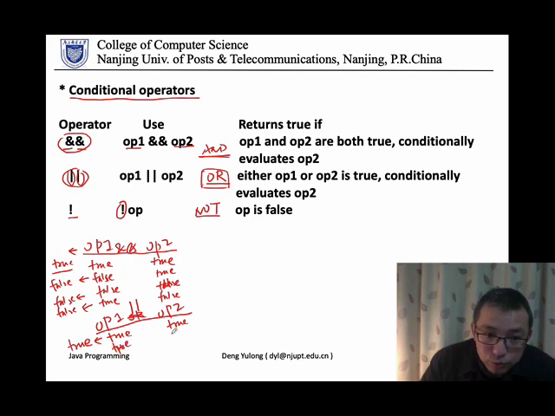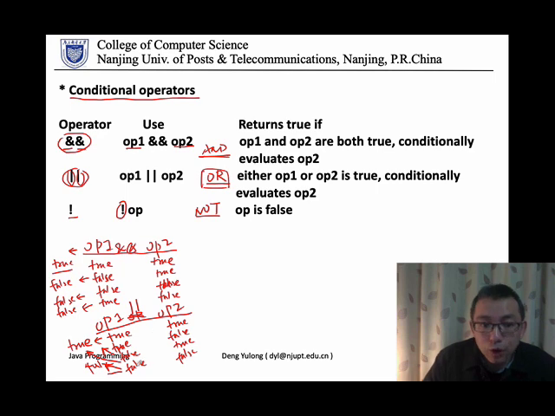The first operand true and the second false, the result is true. Maybe the first operand is false but the second operand is true, and the result is still true. Only when both of them are false, the first operand and the second operand, is the result false.